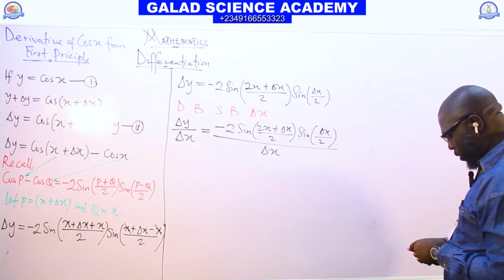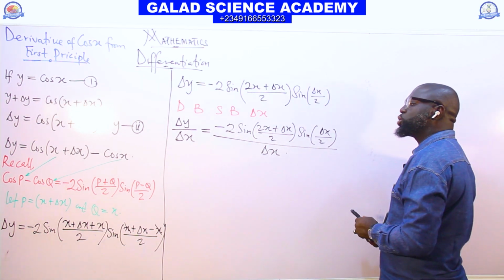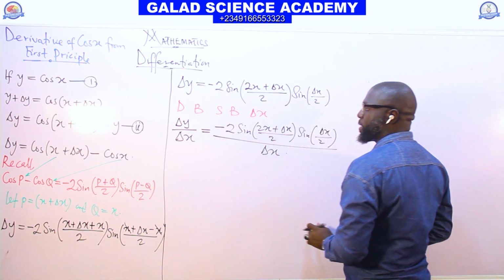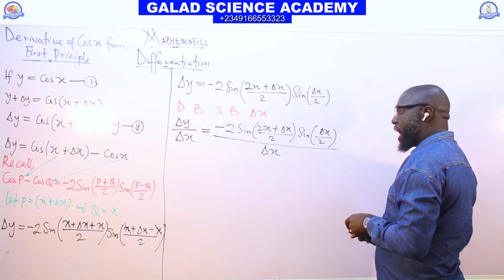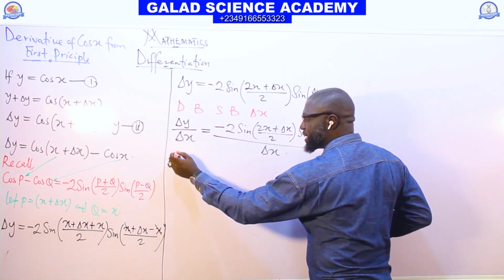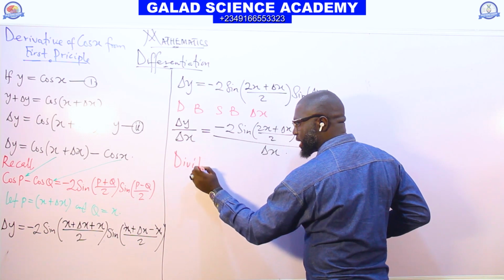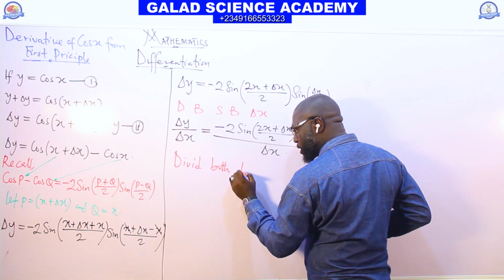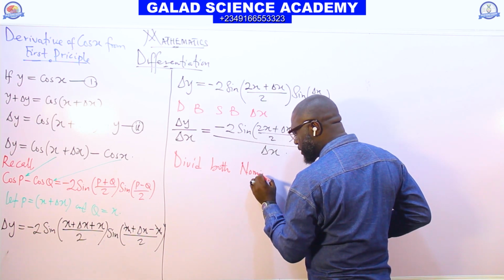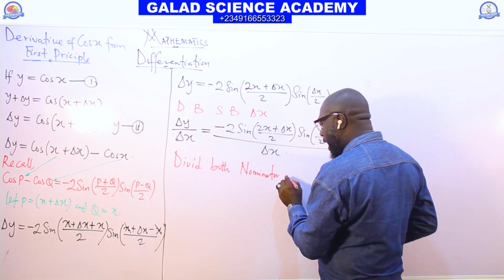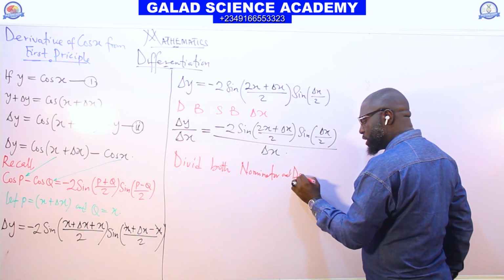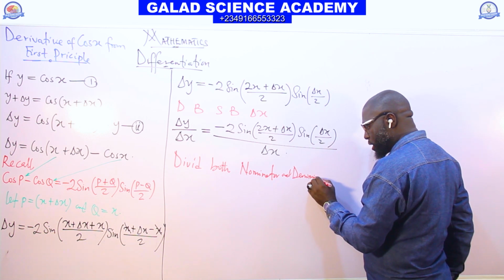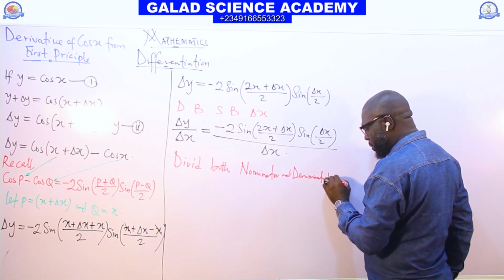The next step is to eliminate this minus 2. So I divide both numerator and denominator by 2.